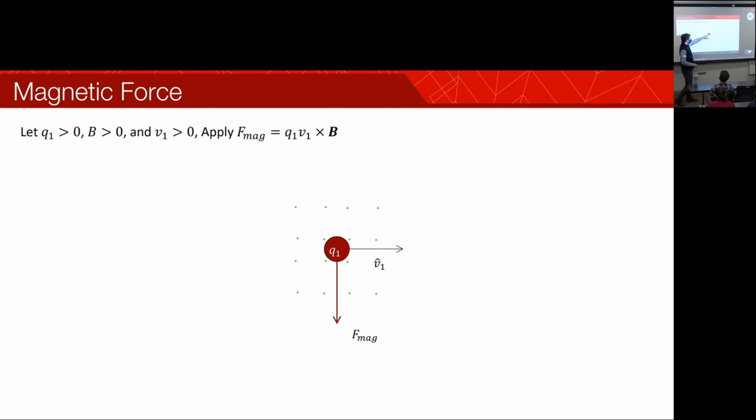If this particle is just left in free space, so I shoot a particle in this magnetic field and it's allowed to move around in a frictionless environment, this force is going to cause it to move. What kind of path is this charge going to make? What direction is that charge going to move? Down, right? Okay. So V cross B makes that charge move down.